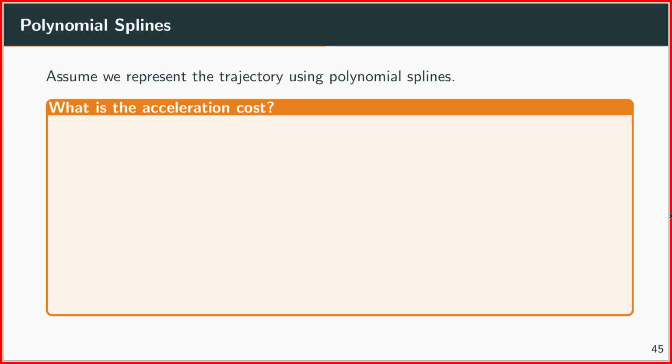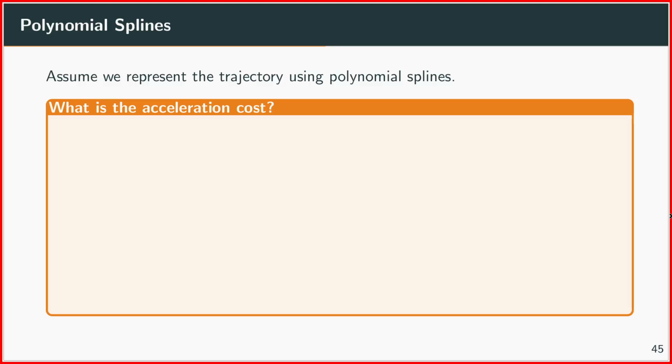How do you think we can compute an acceleration cost? Anyone an idea? Wouldn't it just be the second derivative of the position? Or the mass of the vehicle, if you want to calculate the energy.